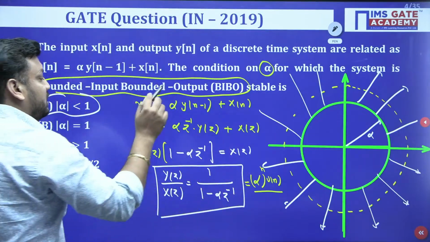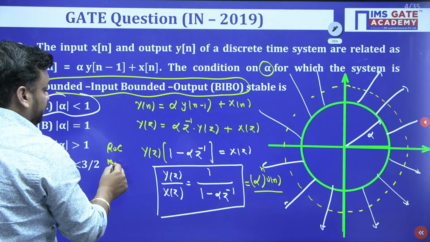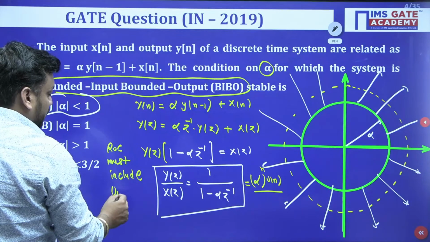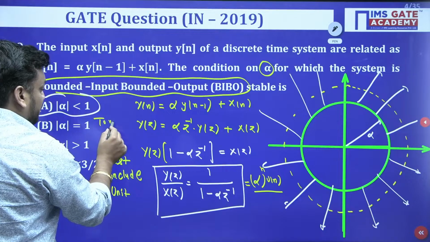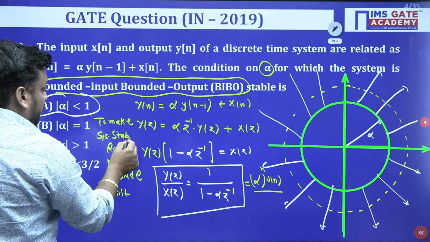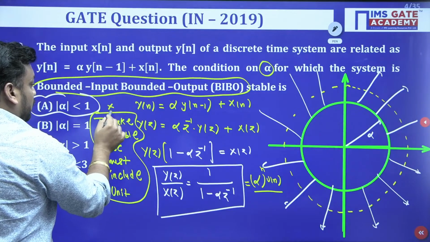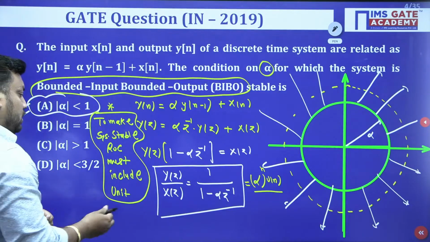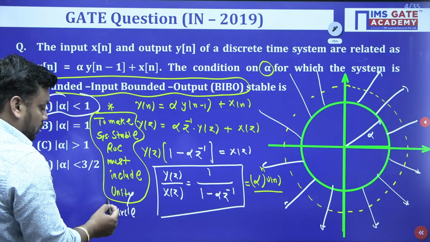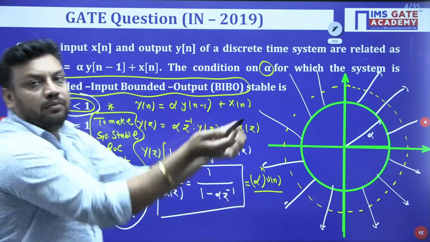Because we want to make the system stable, ROC must include the unity circle. So you will get mod of alpha less than 1.